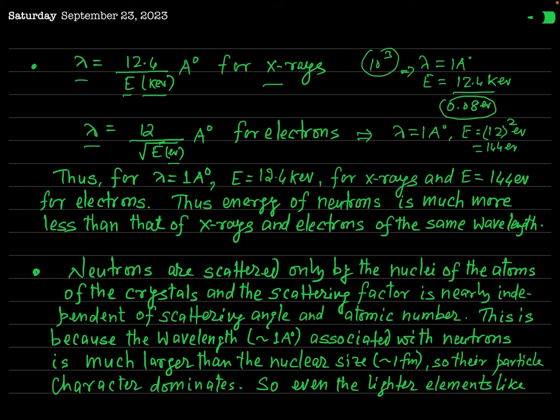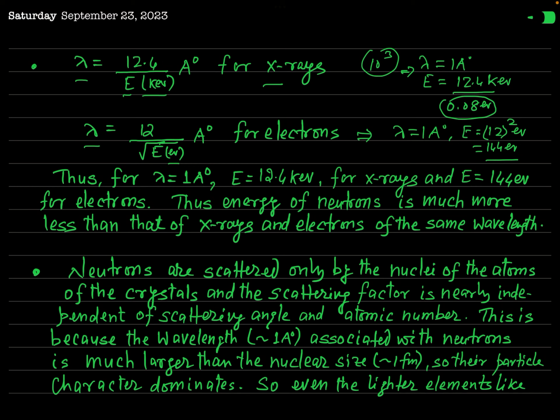And for electron of the same wavelength 1 angstrom, the energy is 144 electron volt. So comparing all these three values, we can see that the neutron having wavelength 1 angstrom has much smaller energy in comparison to the energy of X-ray and electron.